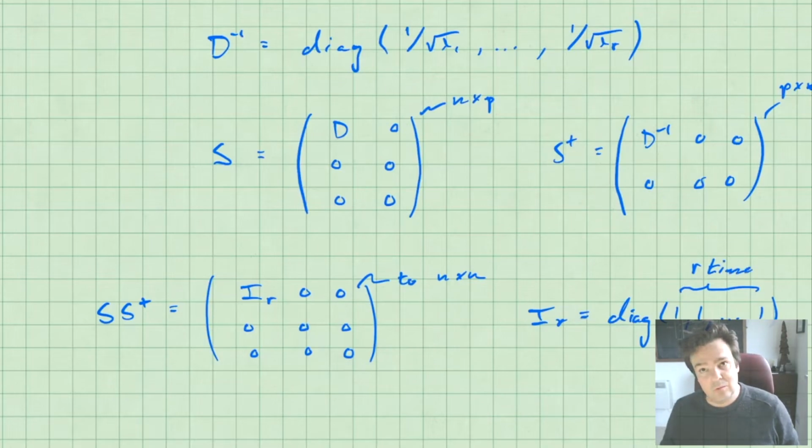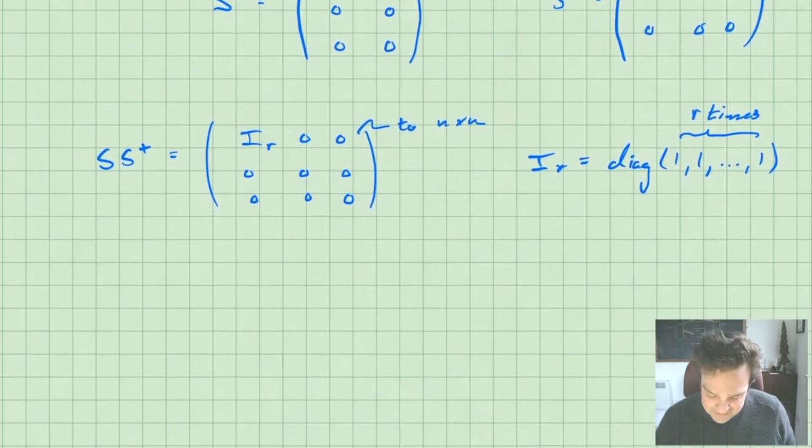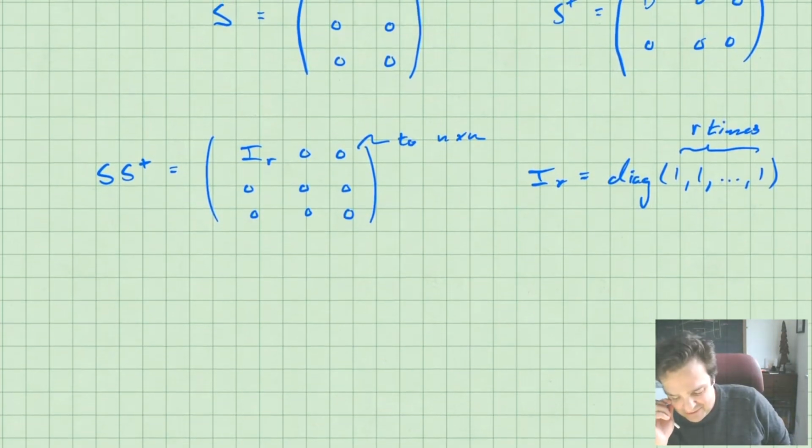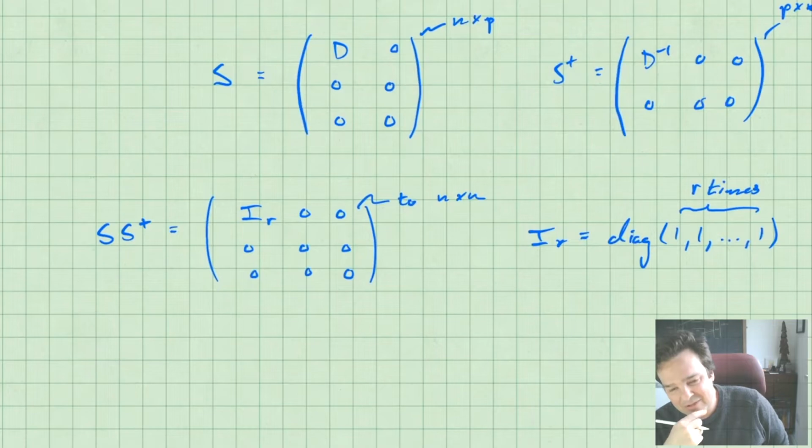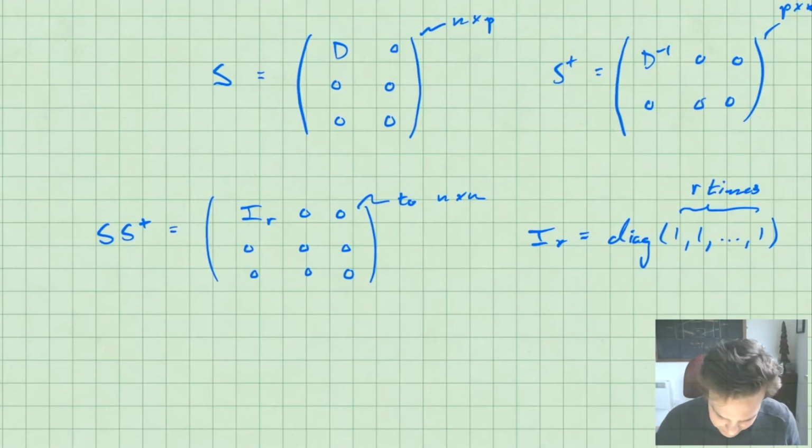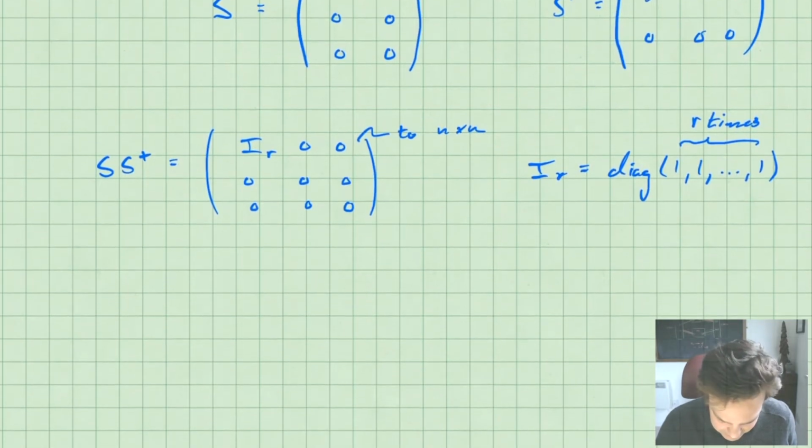The number of ones down the diagonal is r. So S times S plus is not an identity matrix, but it is a sort of identity-like matrix. It has an identity matrix up in its corner, and then it's filled up with zeros to get it to whatever dimensions you need.